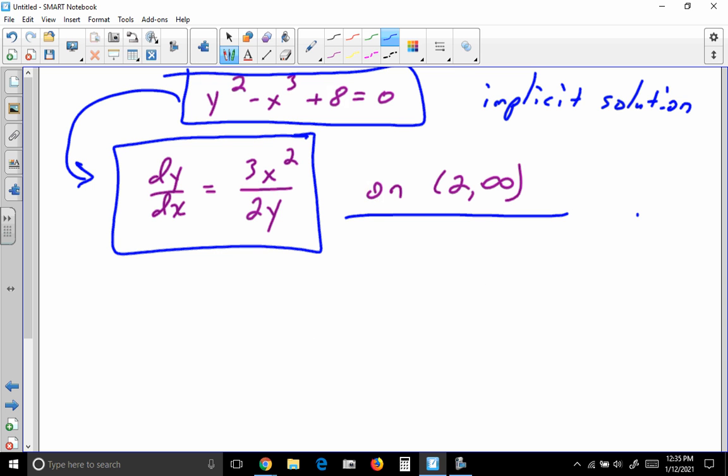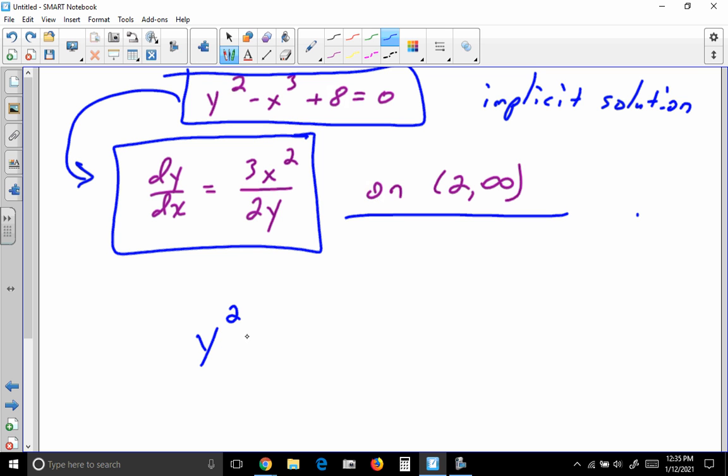Now you might say, why are they giving us an interval? We might see that here momentarily. Might not, but we might. So this is an implicit equation because it's not solved for x or not solved for y.